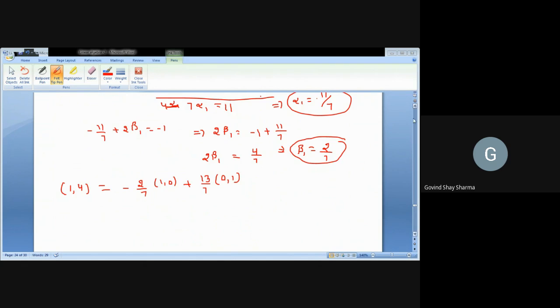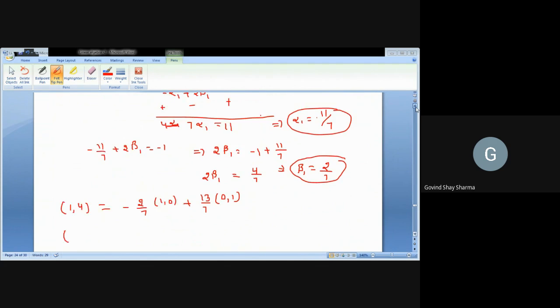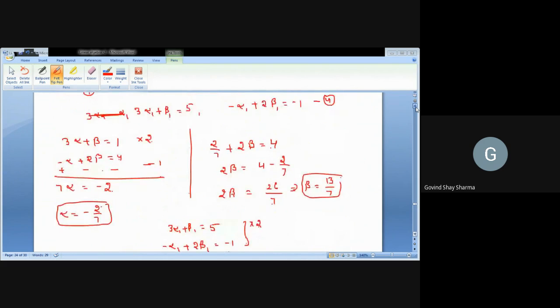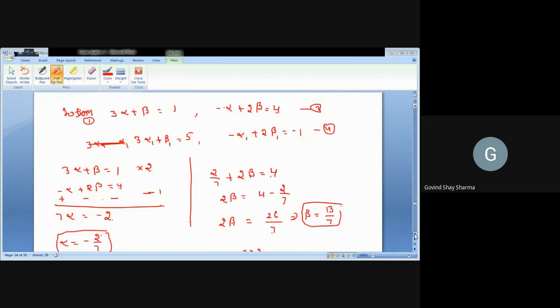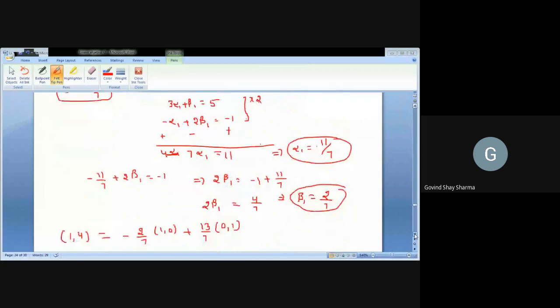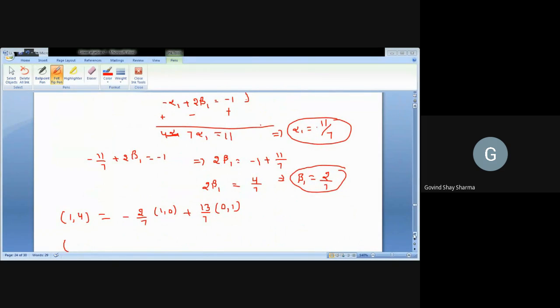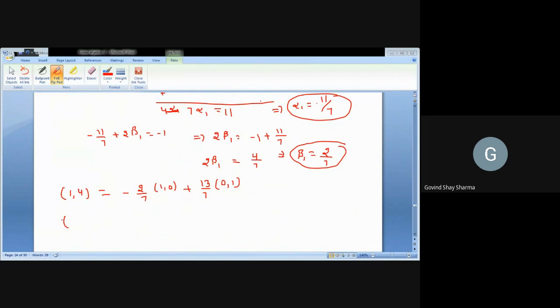And (5, minus 1) can be written as 11 by 7 times (3, minus 1) plus 2 by 7 times (1, 2).